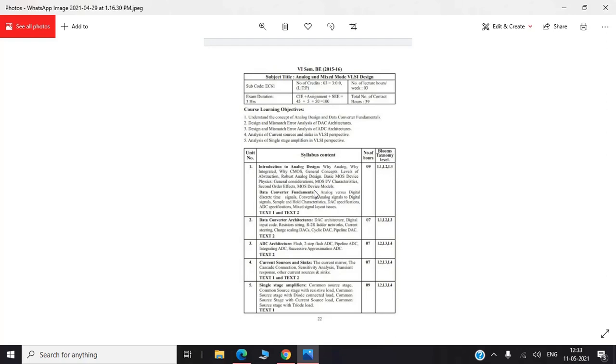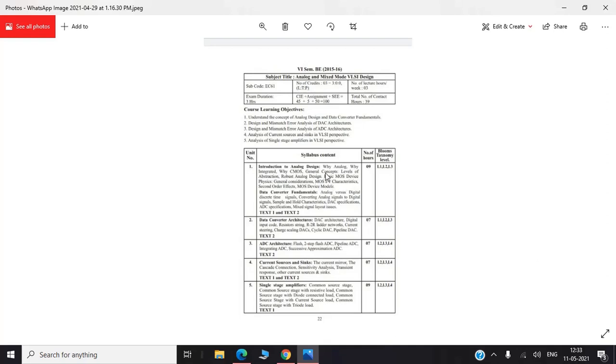That will be converted into digital format, zeros and ones. How? There are several techniques to convert an analog signal to a digital signal. The simplest example is sampling. When you sample the analog signal, a discrete waveform is obtained and the analog signal is converted into a digital signal.